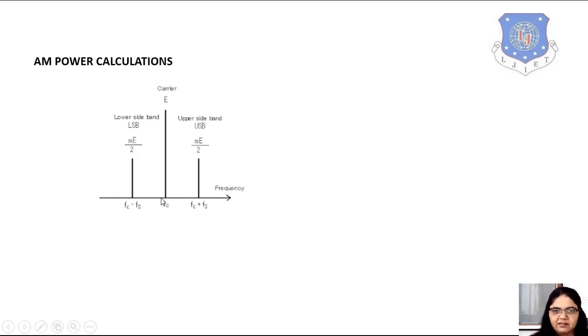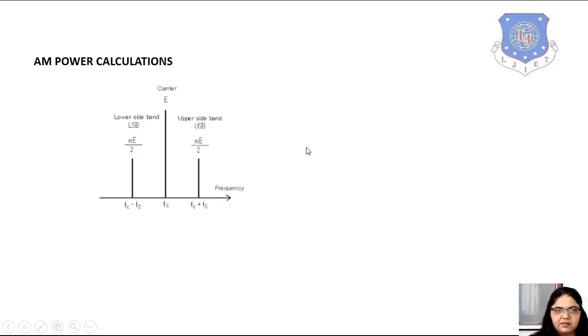As we have studied the equation of the AM wave, the first component is the carrier, which has the amplitude Vc. The sidebands have the amplitude mVc by 2, at frequencies fc minus fm and fc plus fm.